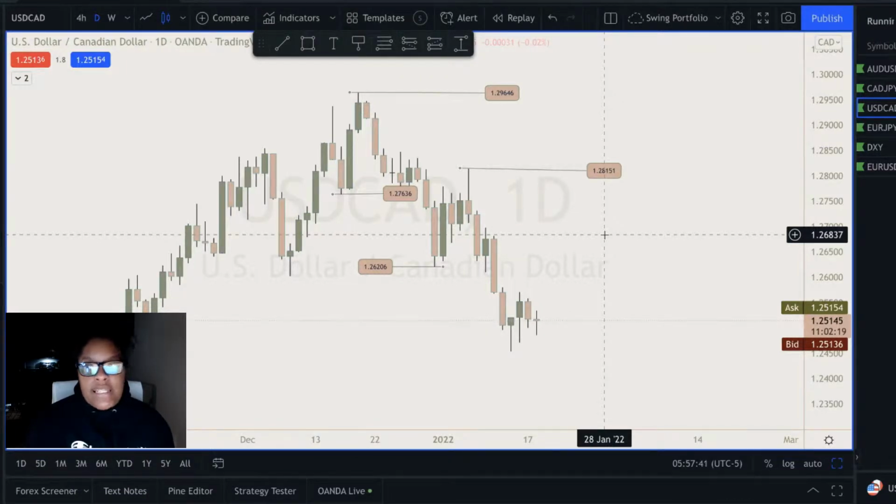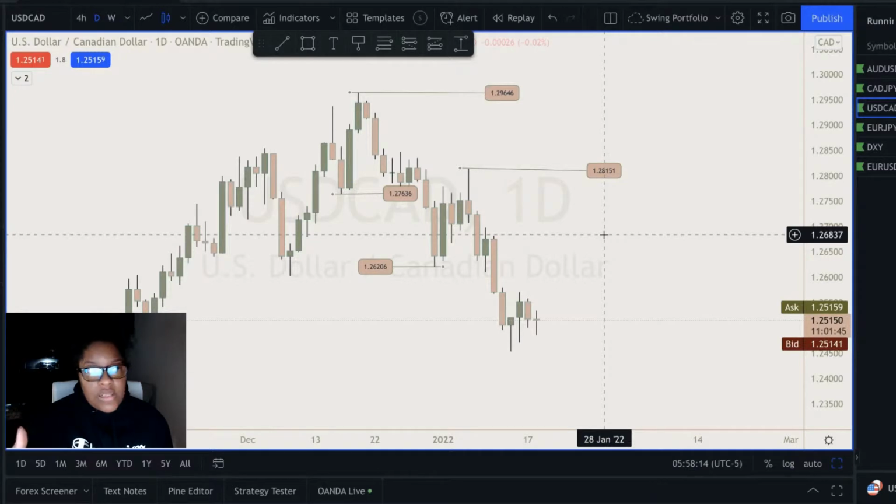Now, I'm not saying that these two pairs correlate oppositely 100% of the time, 90% or 80%. I'm not saying that they mirror each other, but it will be based on what happens with the Canadian dollar, because these two have a common currency, which is the Canadian dollar, right? So this is what I'm looking at as far as today for potential setups. EURUSD may take some time to set up, but this is primarily what's on my mind.